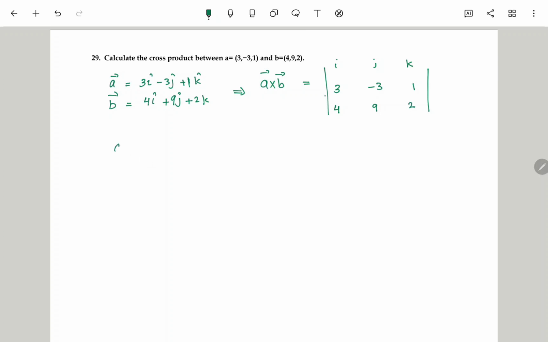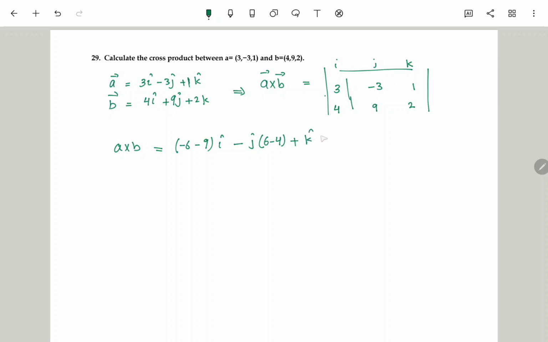Now, A cross B equals: you hide this one here and this one here, you will find 2 times -3, it's -6, minus 9, i hat. Minus j hat: you hide this and this, 2 times 3, 6, minus 4.